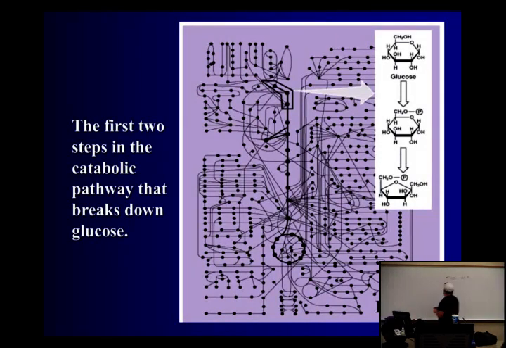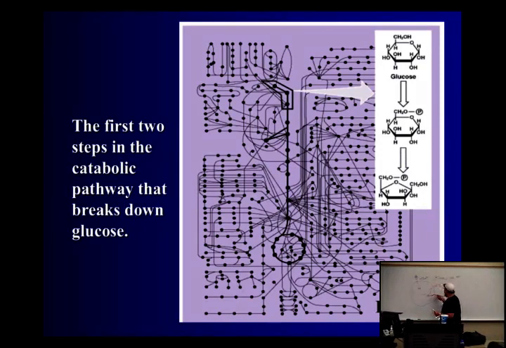So let's say that here's the insulin receptor. Here's insulin. It comes in, it binds, sends a signal to open a channel for glucose to come in, and then glucose comes into your cell. Right?